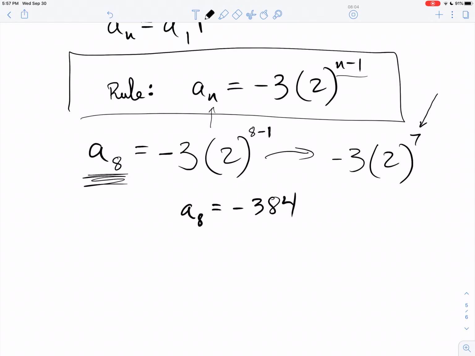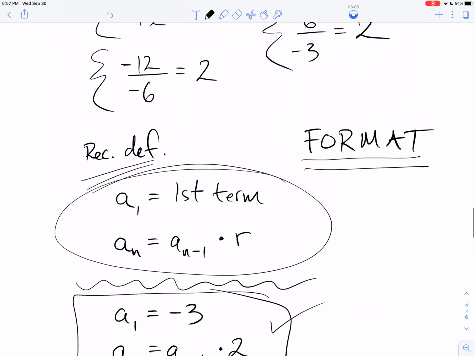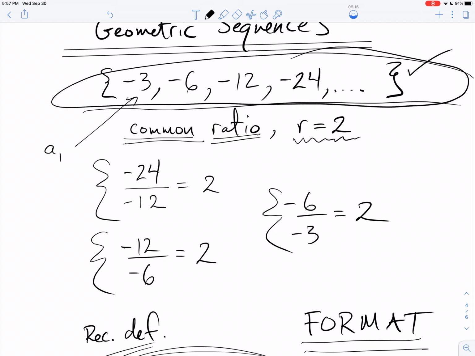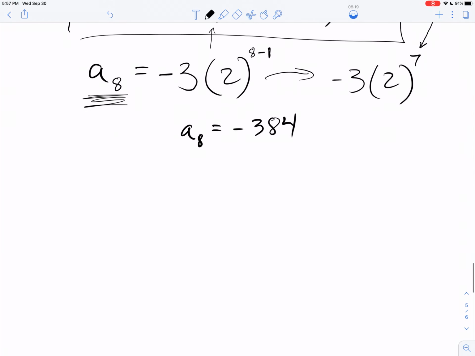The 8th number in the list, look at this. Look at our list. This is only 4 numbers. By the time I get out just to the 8th number in this list, we're at negative 384. What I want you to realize is that with arithmetic sequences, you get from one term to the next by adding.